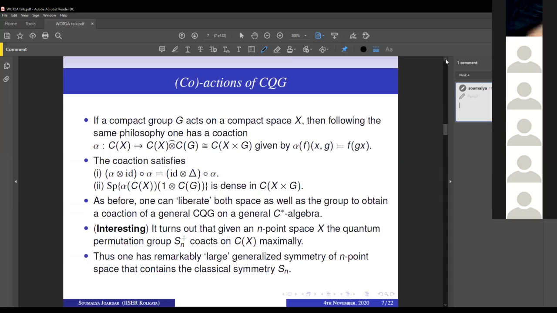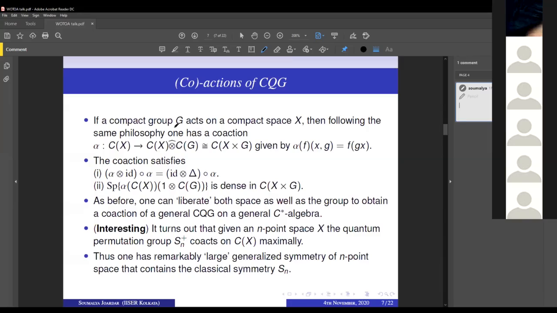Now we have to make sense of what we mean by such CQGs, compact quantum groups, acting on such non-commutative spaces. So here is the non-commutative analog, and again we are motivated by its commutative counterpart, then we define the non-commutative analog.